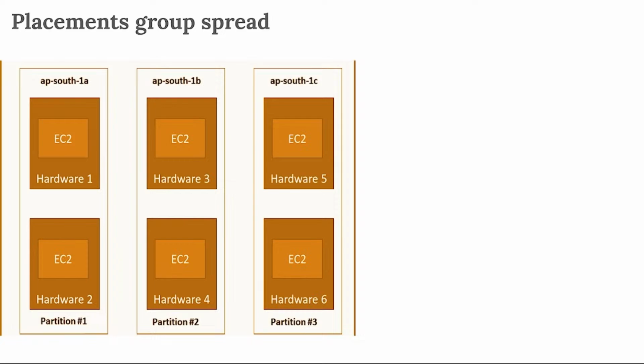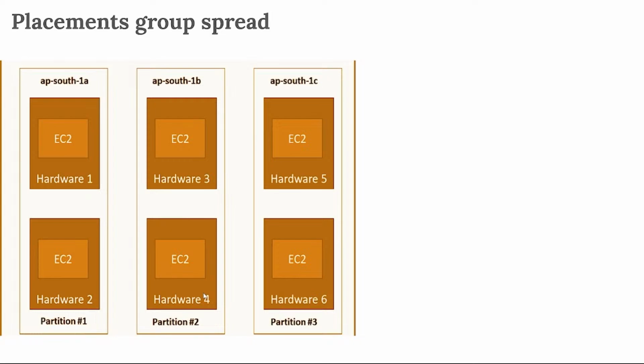Okay, in this case, when we ask for a spread placement group, all the EC2 instances are going to be located on different hardware. As you can see here, we have 3 availability zones and we have 6 EC2 instances, 2 per group.